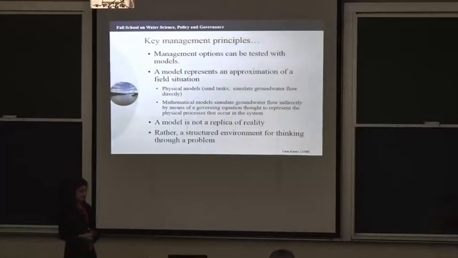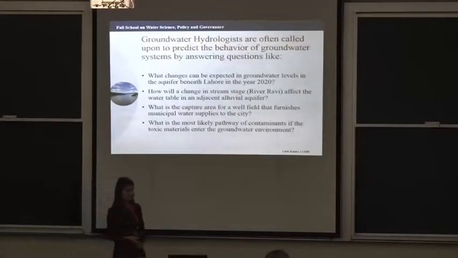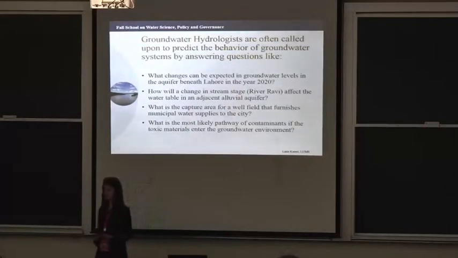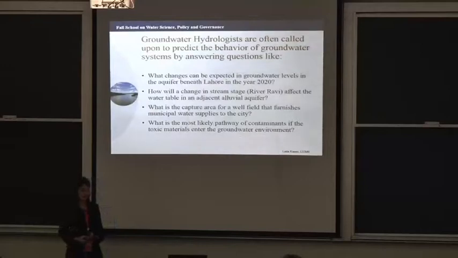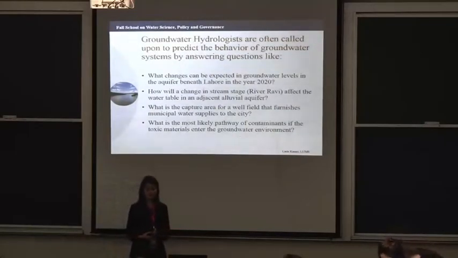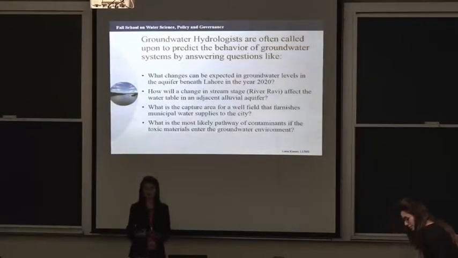And so the idea is what kind of questions you can solve from a model. You can see what are going to be the expected groundwater levels in Lahore in 2020, as well as how will a change in stream stage at River Ravi affect the water table. So if we have high water levels in the rivers, how is that going to change the water table in the aquifer?